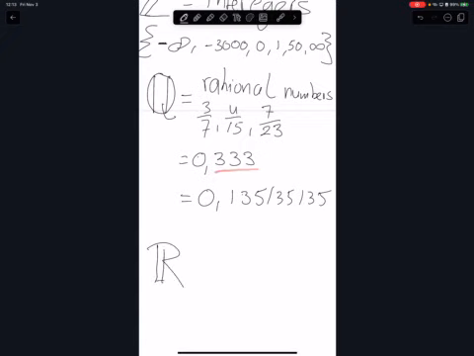Those form part of the real numbers. Yes? So everything else. And what is everything else? Pi. That's an irrational number. Why is it irrational? Because of the number in decimals.